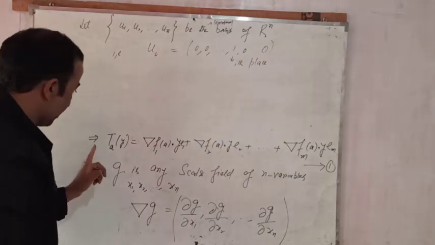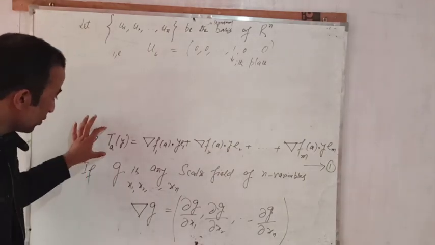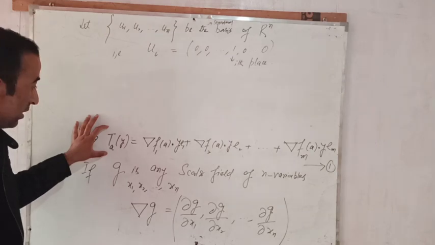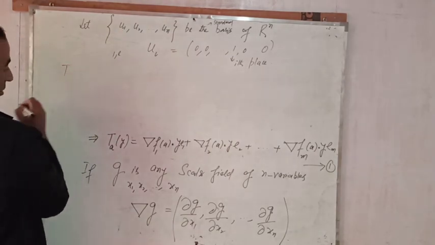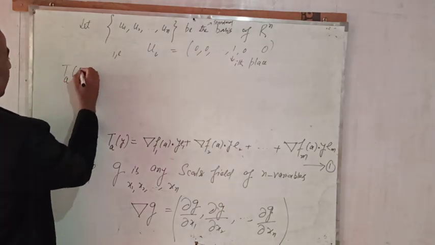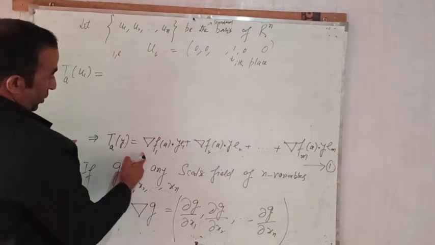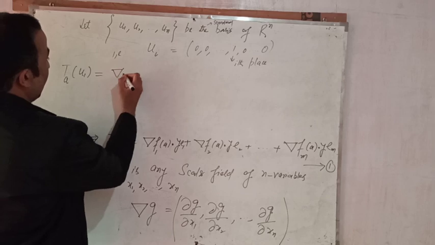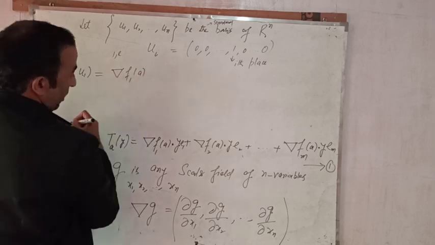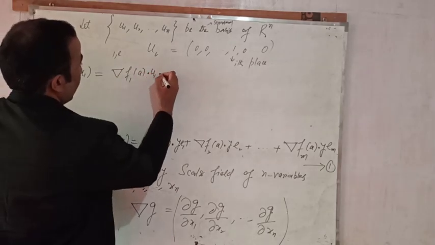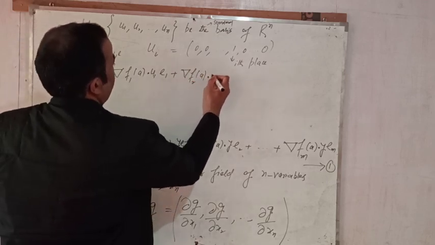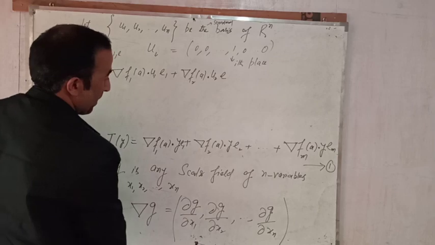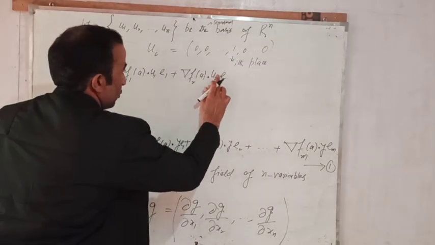To get this matrix representation, I have to evaluate this T_A at every vector of the basis. So what is T_A at u_1? This will be gradient of f_1(A) dot u_1 into e_1, plus gradient of f_2(A) dot u_1 into e_2, plus and so on, plus gradient of f_m(A) dot u_1 into e_m.